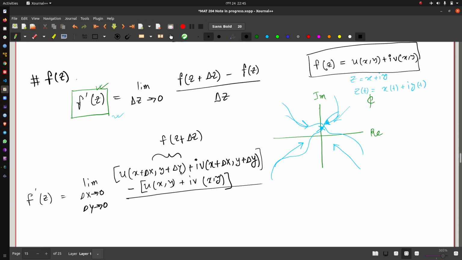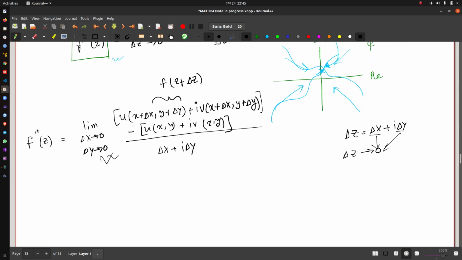And in the denominator it was delta z, so it should be delta x plus i delta y. The reason I'm writing delta x goes to 0 and delta y goes to 0 separately is because delta z is written as delta x plus i delta y, and if delta z goes to 0, that means both of them go to 0 separately. So that's the rationale behind writing it like this.